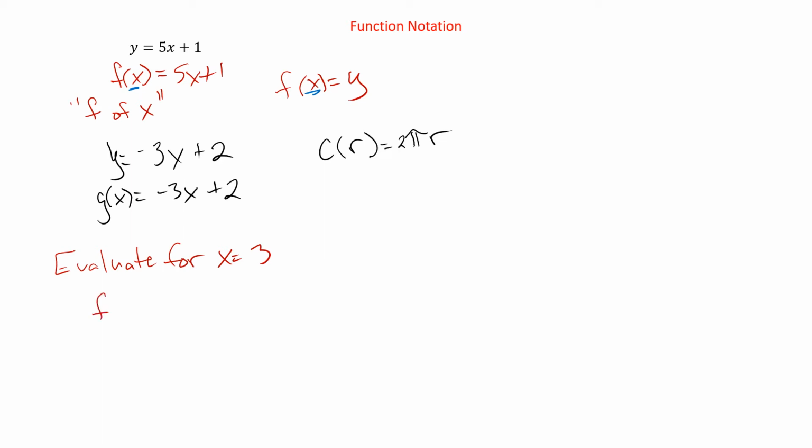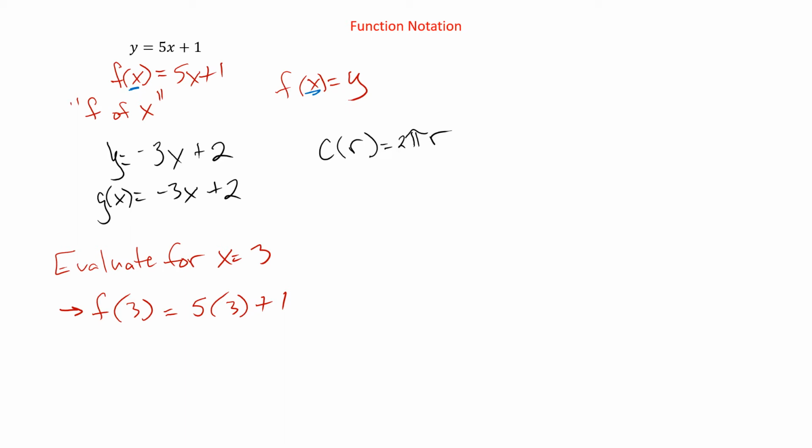So this would be f of 3 equals 5 times 3 plus 1. We just plug it in. Now, one of the things that people get confused about, they see this f of 3 right here, and they think that's f times 3. It is not multiplication. That's just part of the name.